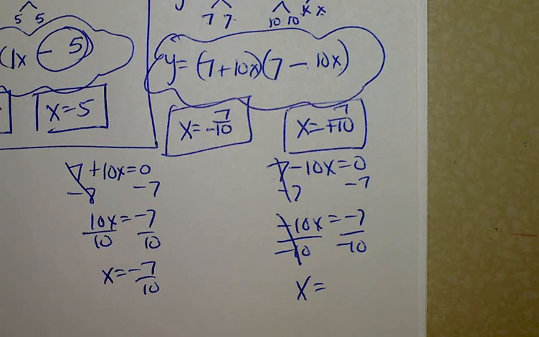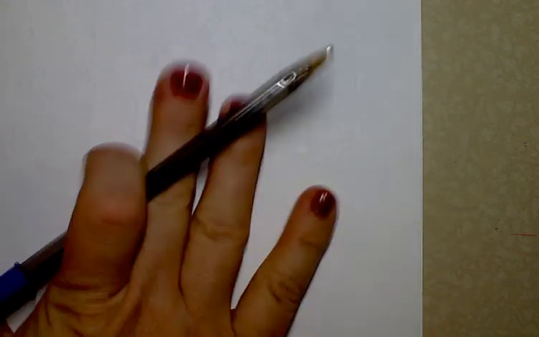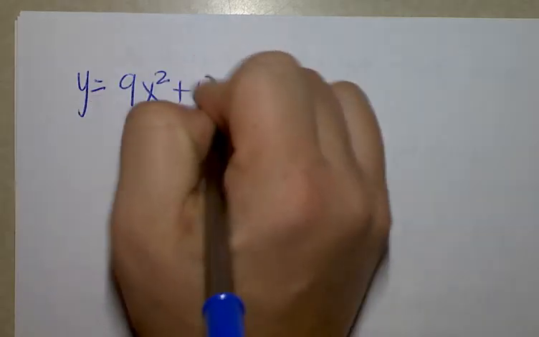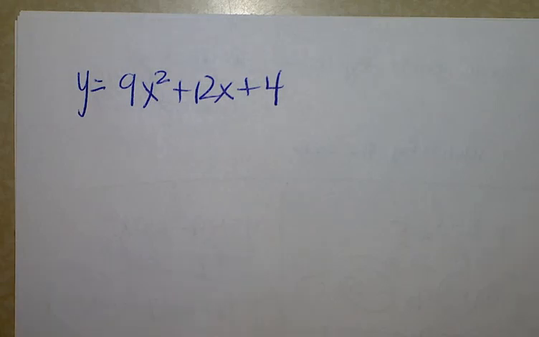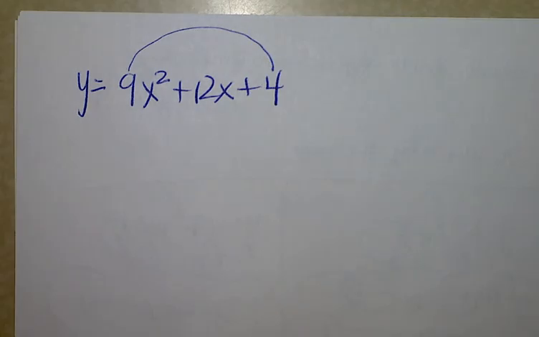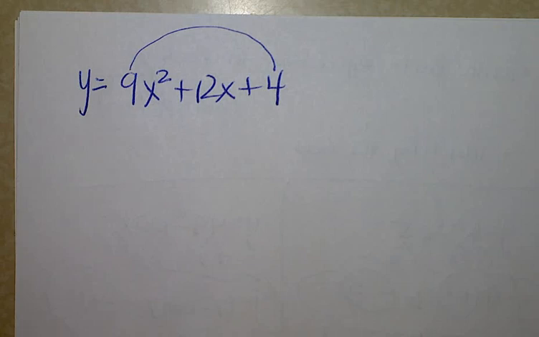All right. Y equals 9x squared plus 12x plus 4. Let's check if this is factorable. Not every quadratic equation is factorable.